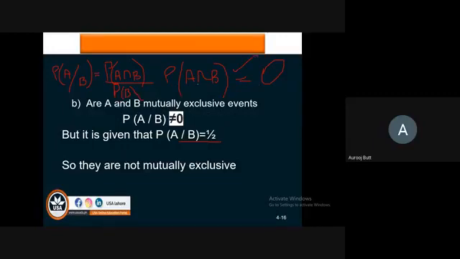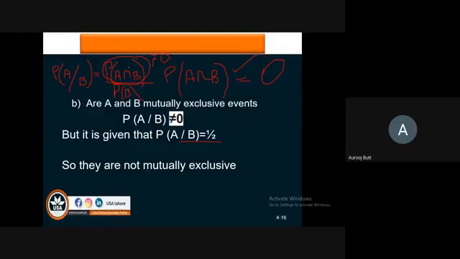But if probability A intersection B is equal to 0, that means if this portion is 0, then it was quite obvious that probability A given B was also equal to 0. But over here, probability A given B is equal to 1 by 2. That means probability A intersection B is not equal to 0.